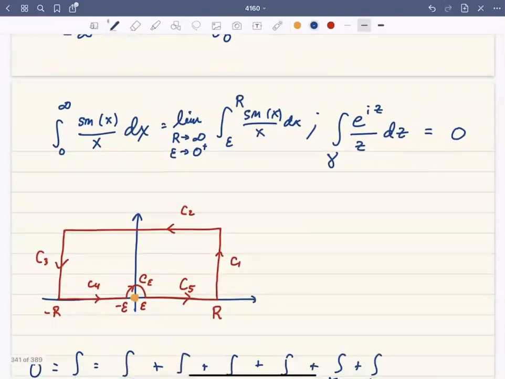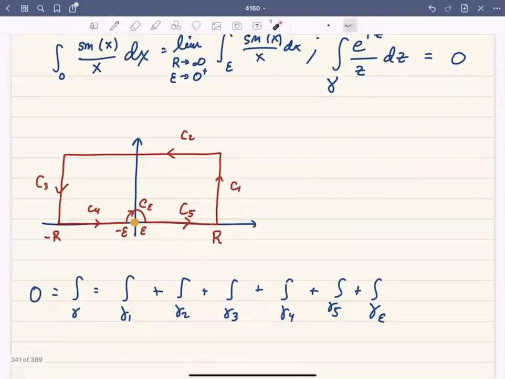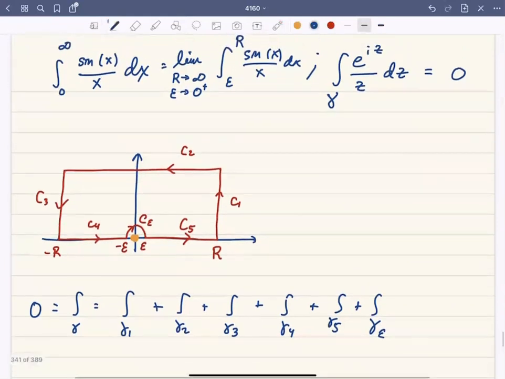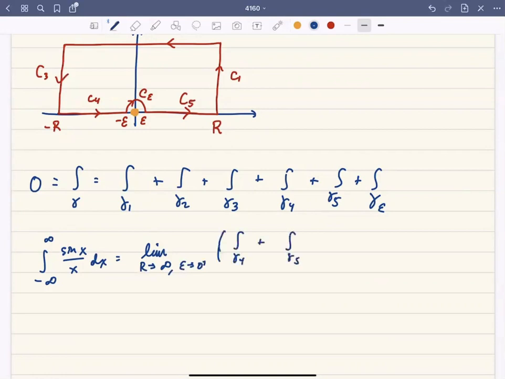All right, and I think we're almost there. So now our job is to calculate this integral over gamma. We're going to get some value, and then the integral that we're looking for, the integral from negative infinity to infinity of sine of x over x dx, is going to turn out to be the limit as r goes to infinity, as epsilon goes to 0, of the integral over gamma 4 plus the integral over gamma 5.